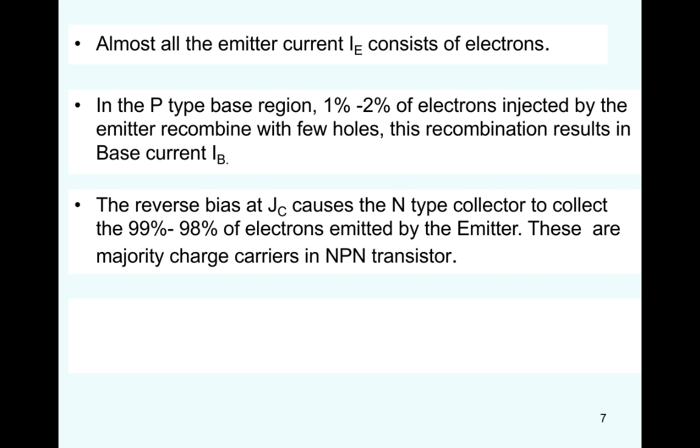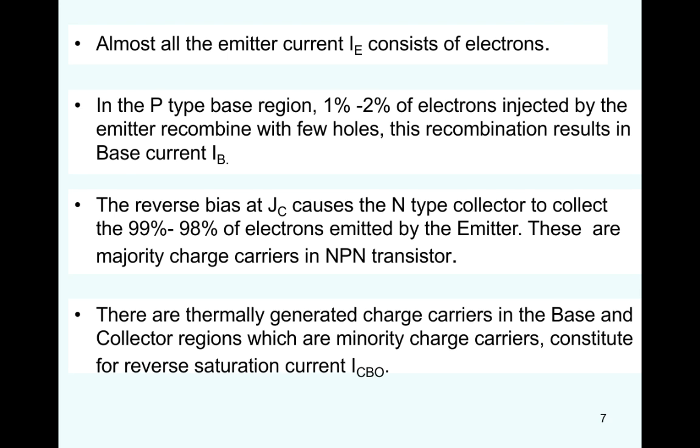The reverse bias at JC causes the N-type collector to collect 99% of the electrons emitted by the emitter. These are the majority charge carriers in the NPN transistor. The thermally generated charge carriers in the base and collector regions are minority charge carriers and constitute the reverse saturation current ICBO.